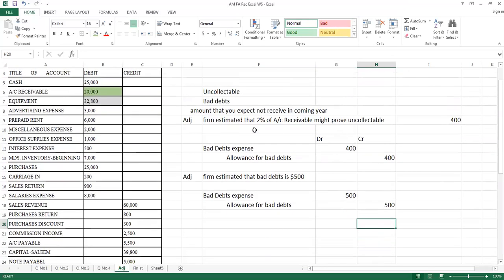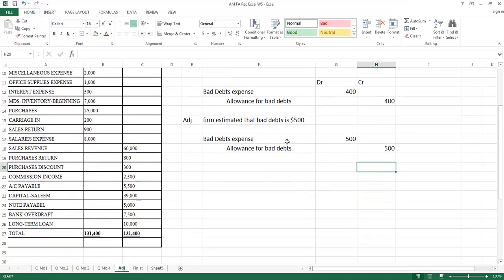If the question is giving a percentage, then this percentage will be applied on account receivable, and whatever amount is coming, you will pass the entry by that amount. If in adjustment it is straight away given that bad debts is estimated by this much amount, then the entry is quite simple. Pass the same entry, bad debts expense debit, allowance for bad debts credit by taking the debit credit amount.